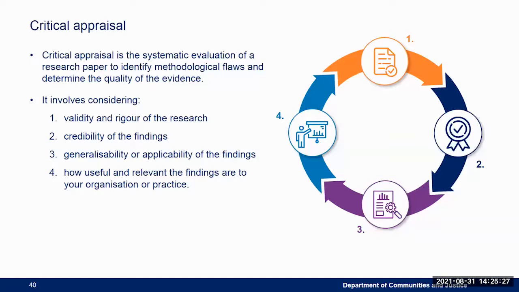Critical appraisal is the systematic evaluation of a research paper to identify flaws and determine the quality of the evidence. So you're looking at 4 things: validity and rigor, credibility, generalizability, and usefulness and relevance to your organization, your practice, your program, your topic.